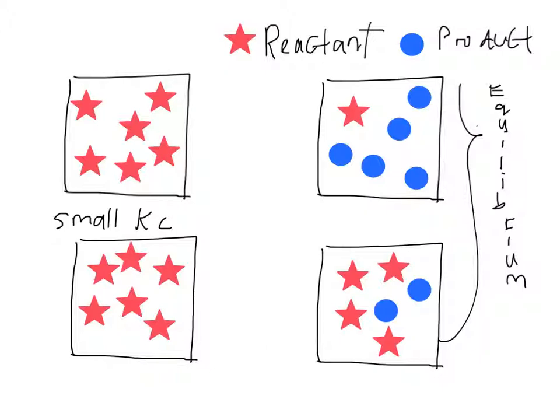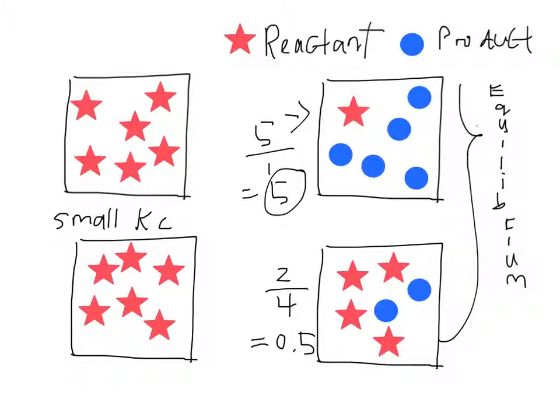I don't even need to use imaginary values. In the first case, the equilibrium constant would be 5 over 1, so it will be 5. But in this case, it will be 2 over 4, and it will be 0.5. I hope you have a better understanding of what is meant by the equilibrium constant.